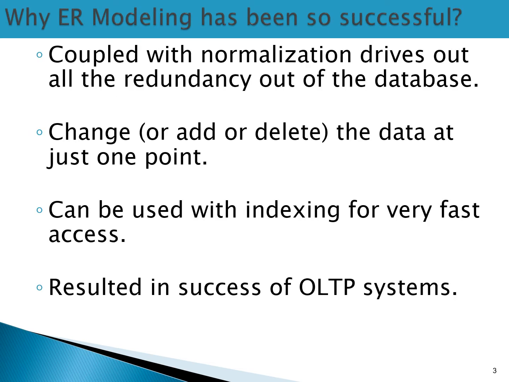So why has ER modeling been so successful? ER modeling is coupled with normalization, and it resolves the problem of redundancy; it drives redundancy out of the database. Now, as the redundancy is removed, you have the advantage that you have to change, add or delete at just one place instead of multiple places.